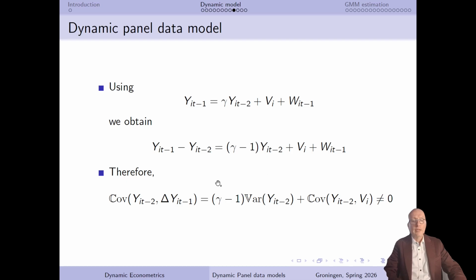So this term is also not equal to 0. And they're definitely not equal to each other with a minus sign in front, so they're not going to cancel each other. Which means that these two terms together are not equal to 0, which implies that this covariance term is not going to be equal to 0, which means that we have here a relevant instrument y_{i,t-2}.